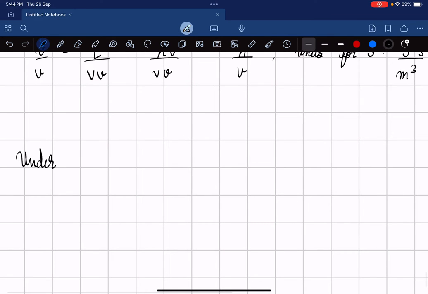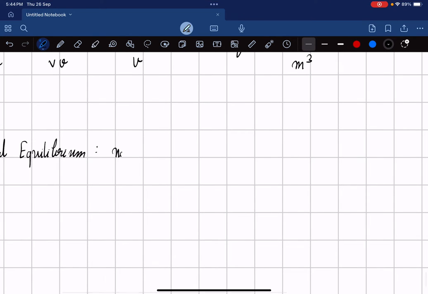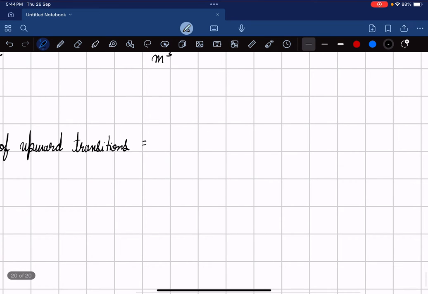Now under thermal equilibrium, the number of upward transitions is equal to the number of downward transitions.